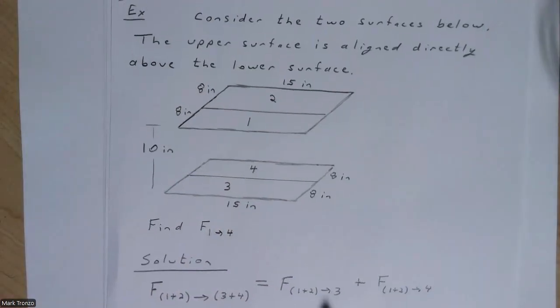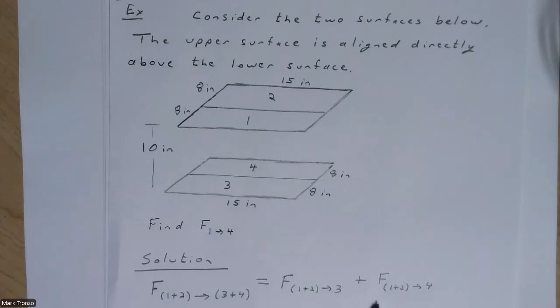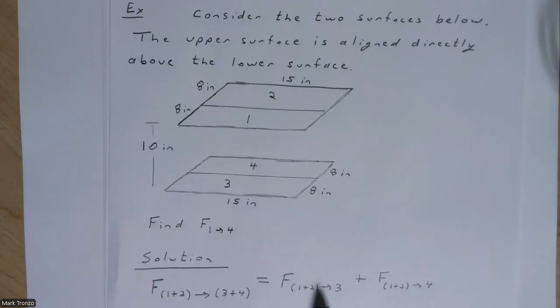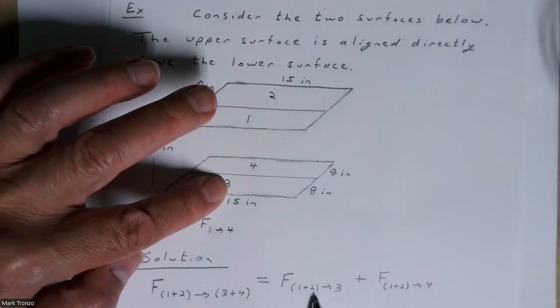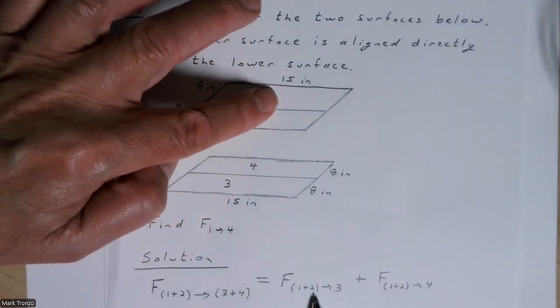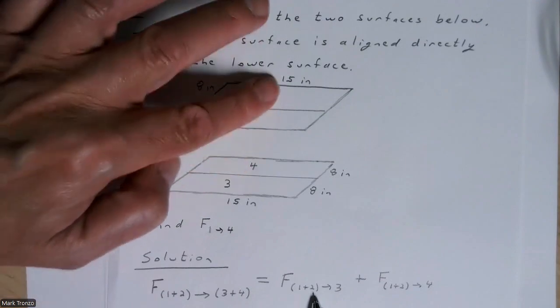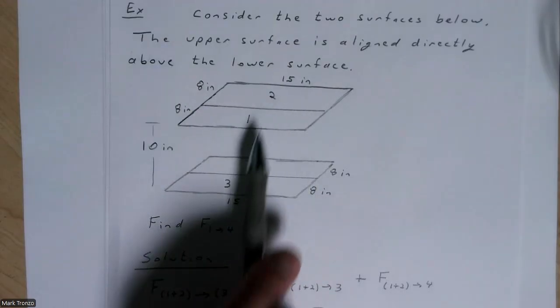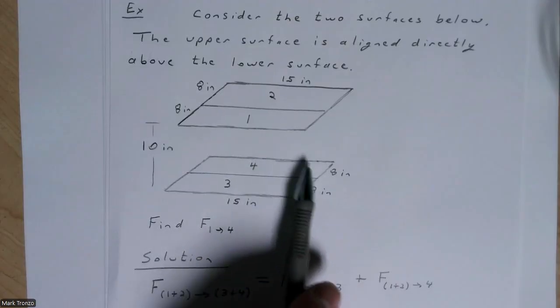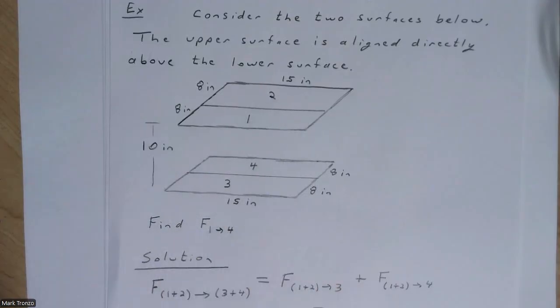Remember, that was decomposition we looked at a few minutes ago. And then the other thing to notice is that this view factor from here to 3 is going to be exactly the same as this view factor from this to 4. In other words, these two are going to be the same because they're both the same size. Everything's broken up in the same dimensions. And so these two are going to be the same.